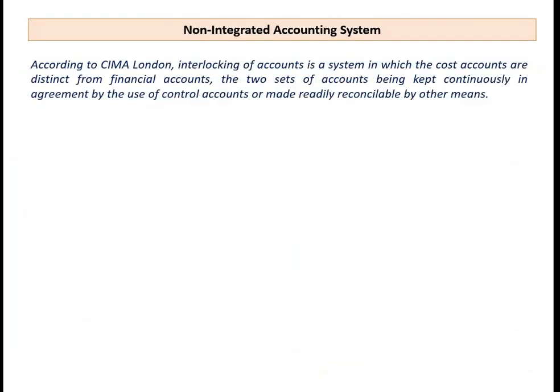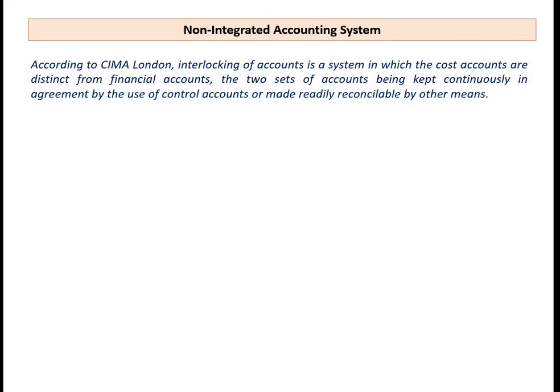Now, under the non-integrated accounting system, let's see the definition given by CIMA, the Chartered Institute of Management Accountants, London, which says that interlocking of accounts is a system in which cost accounts are distinct from financial accounts, the two sets of accounts being kept continuously in agreement by the use of control accounts or made readily reconcilable by other means.